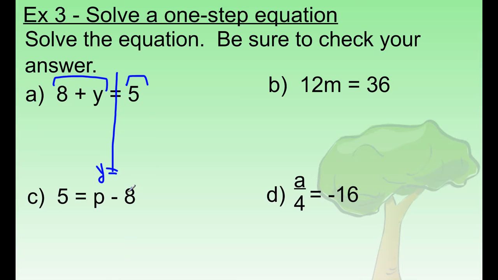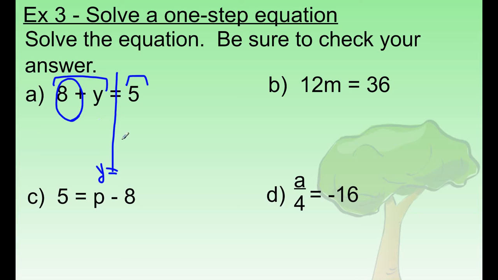To get there, we're going to do the opposite of what's happening to the variable. So my variable here is being added by 8. There's a positive 8 plus y. Well, to make this piece go away, if I could get this gone, I would have just y equals a number. Unfortunately, you can't just scribble it out or erase it.